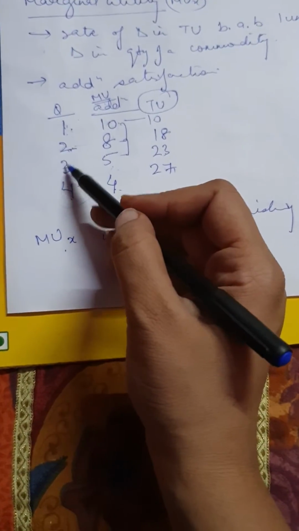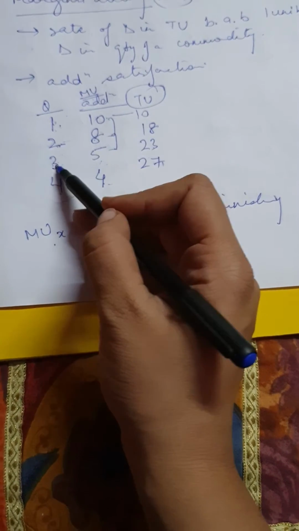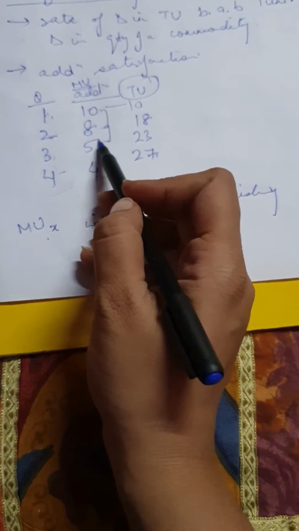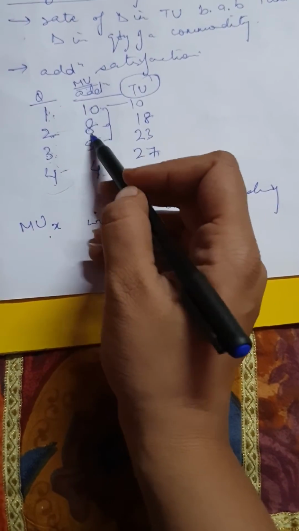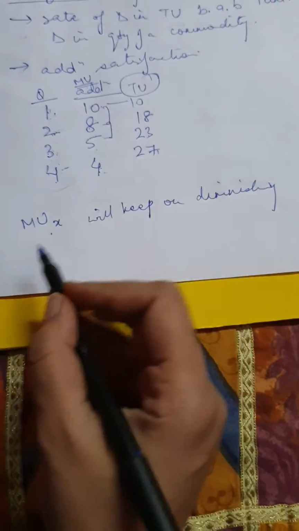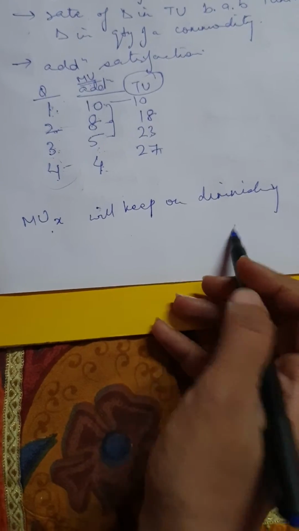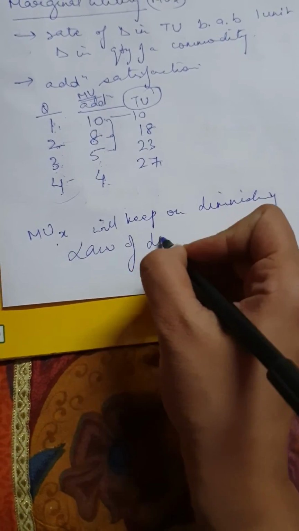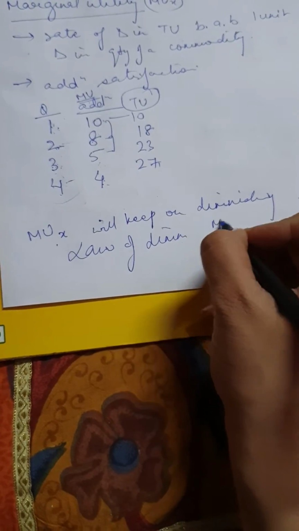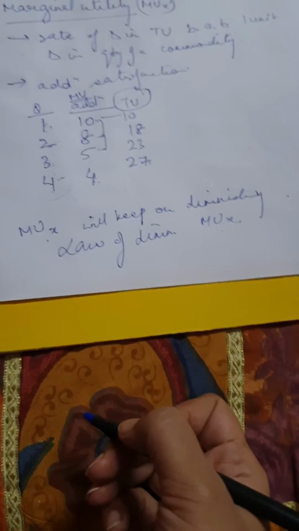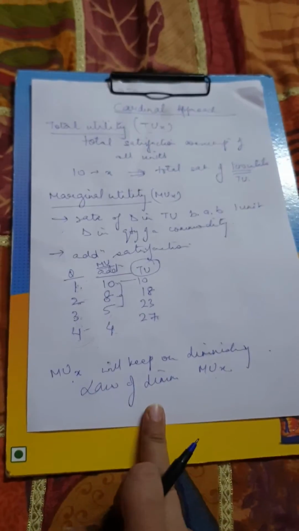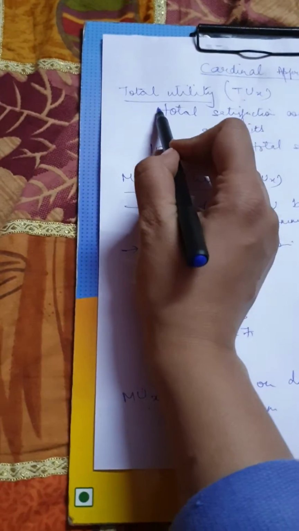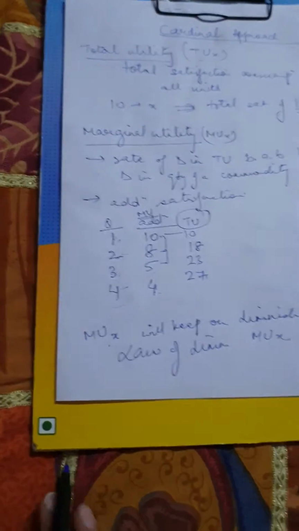So once I'm full with the second one, will I be in the mood to have the third one? No, I am not in the same mood as I was when it was the first one. Therefore, the additional satisfaction keeps on falling. Hence, MUX will keep on diminishing. This is also known as the law of diminishing marginal utility. Now, this is what is total satisfaction and marginal satisfaction. It is total utility and marginal utility.